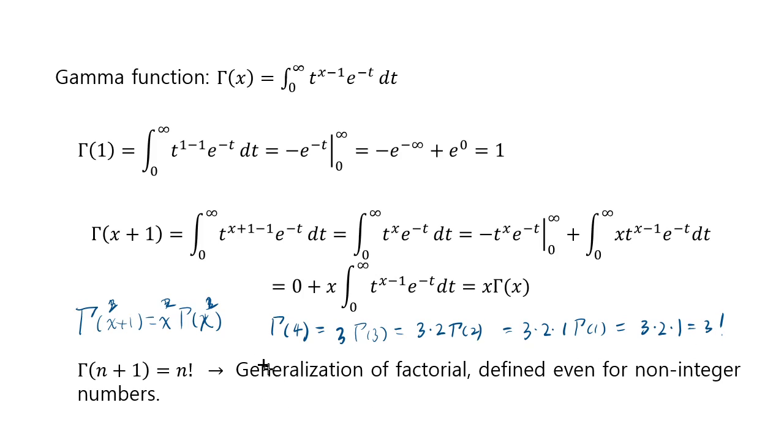You can see that this kind of argument can be done for any positive integer value, and you end up with this. And this actually reveals the reason why we need the gamma function. The gamma function is a way to generalize the factorial so that you can talk about factorials of non-integer numbers.